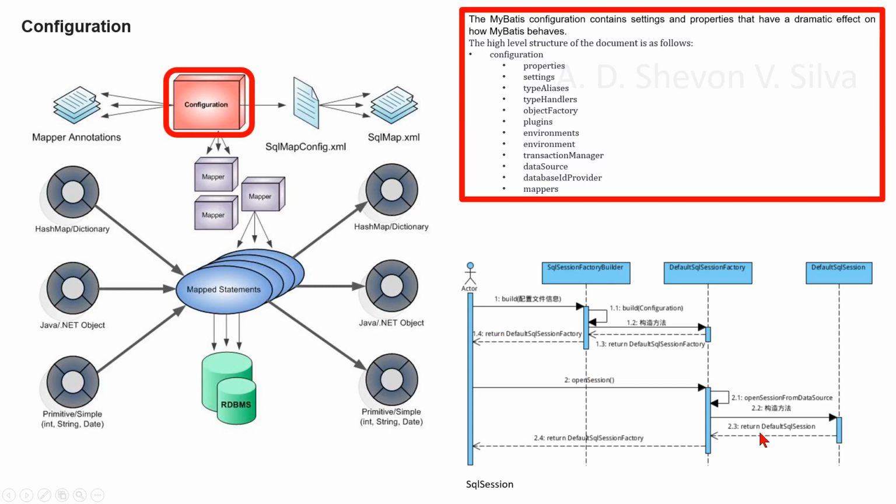And here you can see actor is here, and SQL session factory builder, default SQL session factory, and default SQL session. Actor is connected to SQL session factory builder via build.